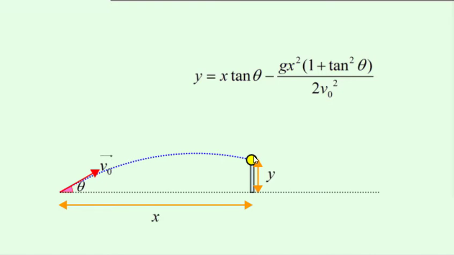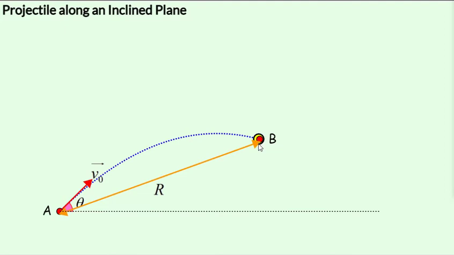Now we have to consider this topmost point as the point where the projectile lands back on the incline. So here we can think of B as being on top of the building, and since we have called the distance between A and B as the range R, let's obtain the x and y displacements in terms of R. So we are trying to transform this problem into some form that we are familiar with.